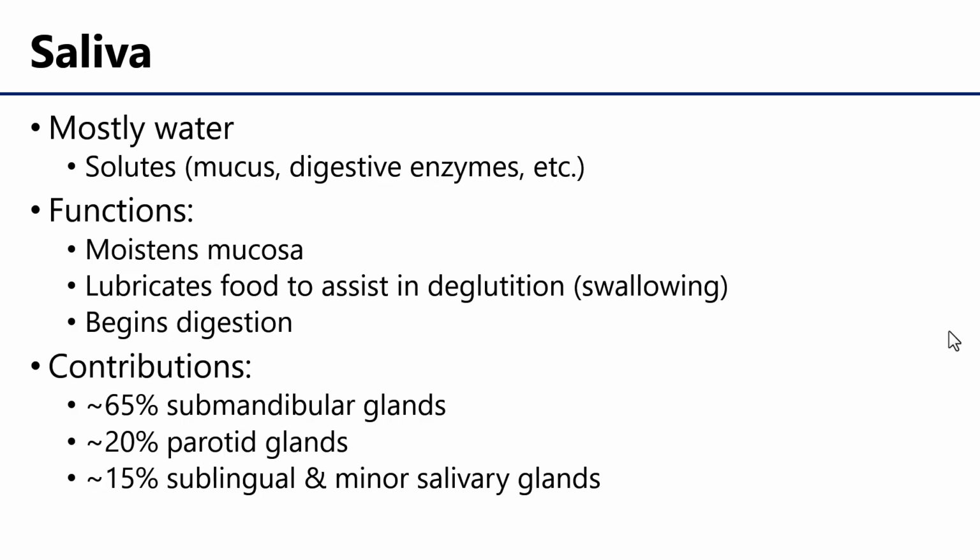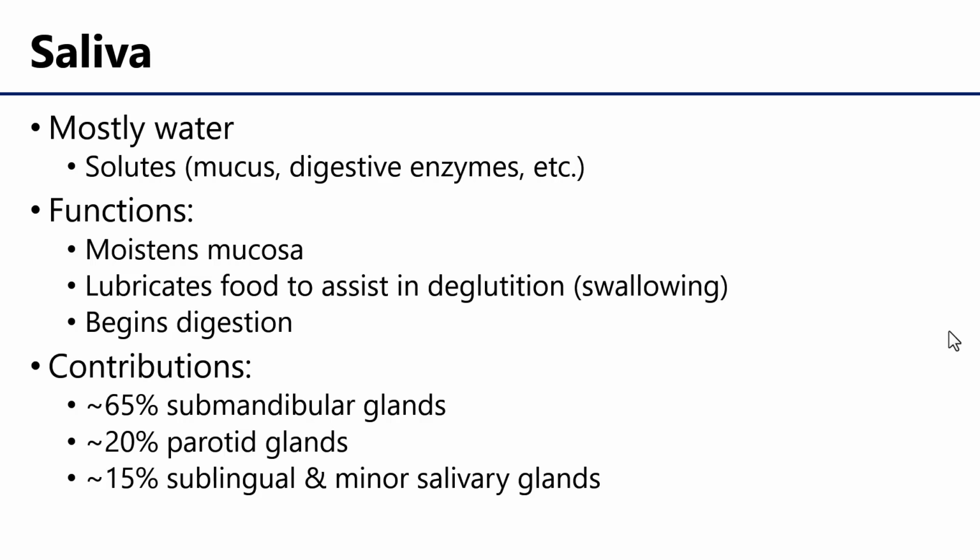In so doing, it also lubricates food to assist in the deglutition process, which is to say swallowing. And the digestive enzymes within saliva begin the process of breaking down the biological macromolecules of that food.